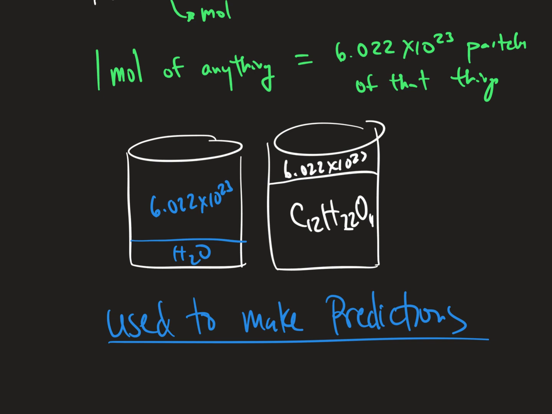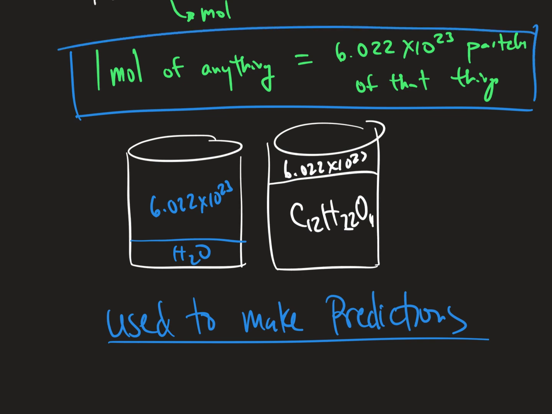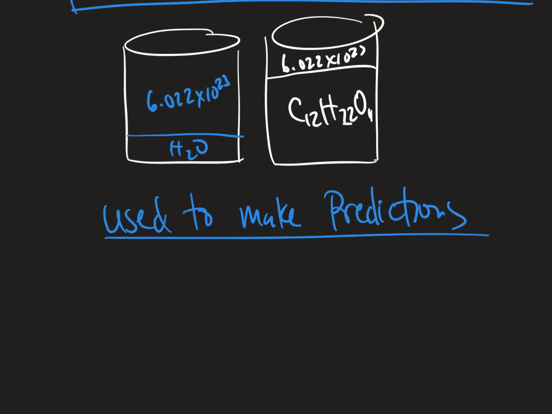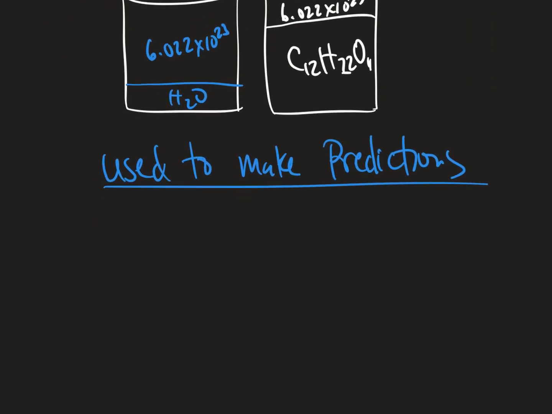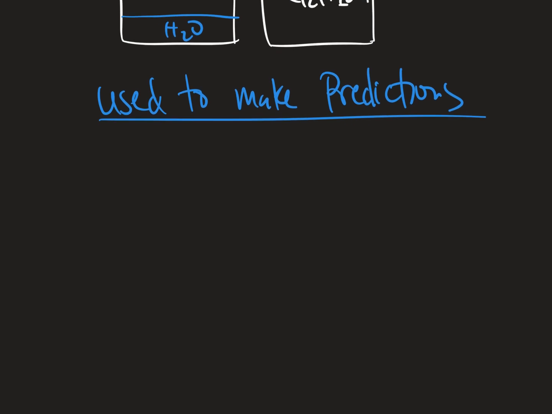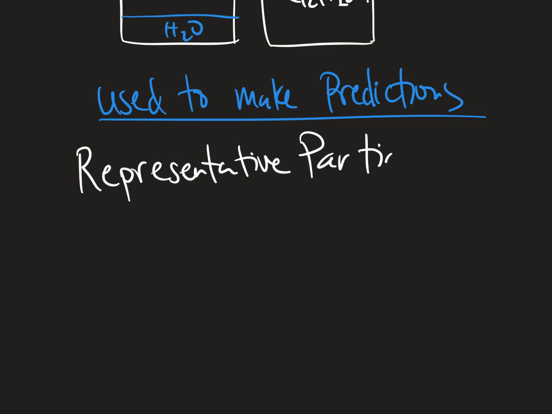So since this is our conversion factor that we just barely got, let's first of all learn the different names for particles. Representative particles are particles that represent a particular type of substance, okay?